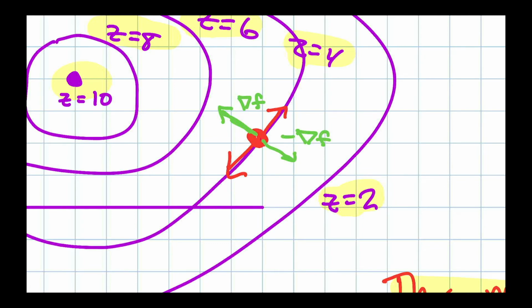Now, how do I know that this is the gradient and this is the negative gradient? Remember, the gradient points in the direction where the function's increasing. So if this is z equals 4, 6, 8, 10, this is the direction where it's increasing, and this is the direction where it's decreasing. And furthermore, these are 90-degree angles here. So there's your picture.